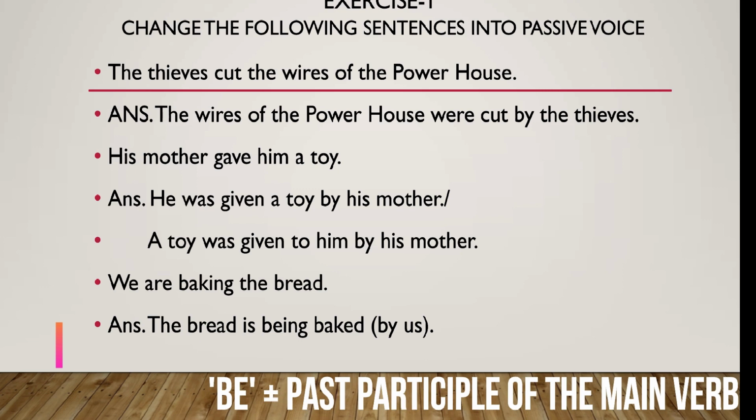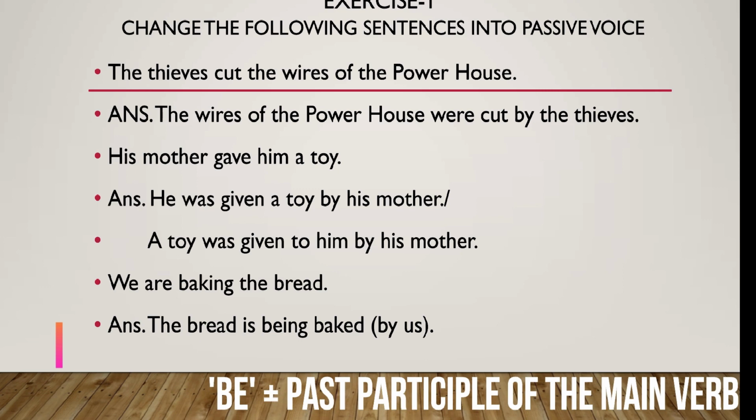Here the wires of the powerhouse are plural, so we will use were. So the wires of the powerhouse were cut, as the third form of the cut is the same, cut. So the passive voice will go like this: the wires of the powerhouse were cut by the thieves. Don't make a mistake not to change the verb form, otherwise there will be the distortion of meaning.